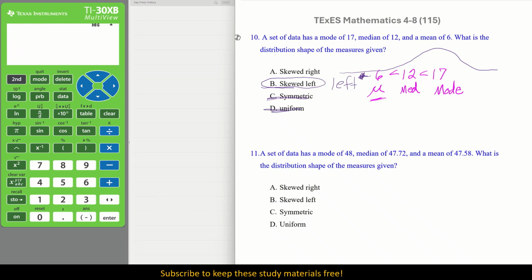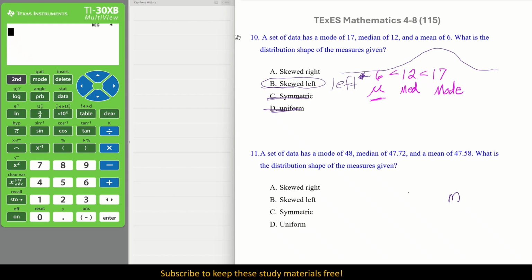Now let's look at number 11. A set of data has a mode of 48, a median of 47.2, and a mean of 47.8. Now, if we put those in order from least to greatest, it has a mode of 48, so my mode is here.